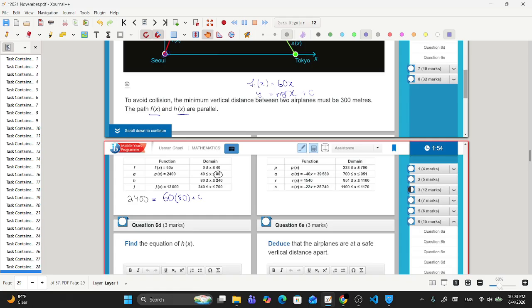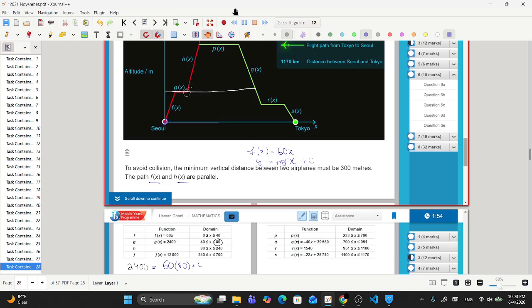Because I'll explain. Look, here in this case, we have h of x, right? We have h of x which is parallel to f of x. You all should know that 2400 is supposed to be the value where g of x ends and h of x starts.